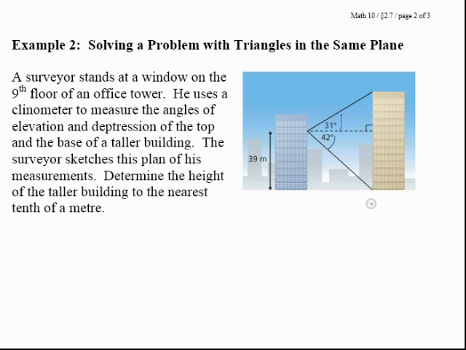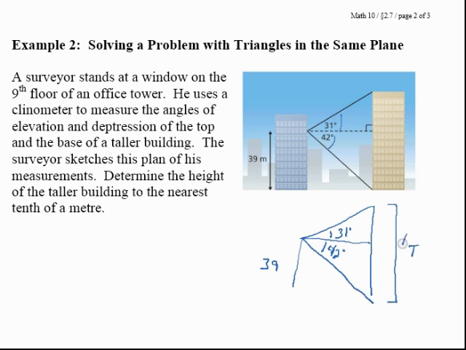So I'm going to just redraw this. This height is 39. This is 31 degrees, and this is 42 degrees. Can you read that? 42 degrees. And I need to find, I'm going to label this HT. And this piece is H1, and this is H2.